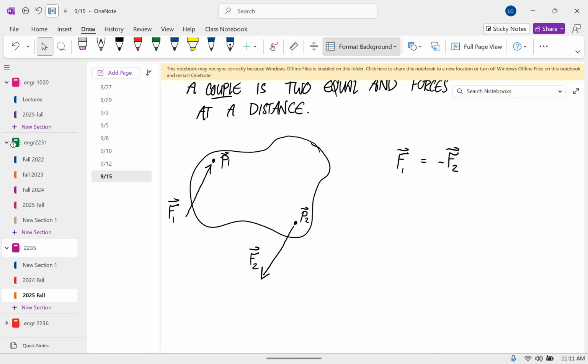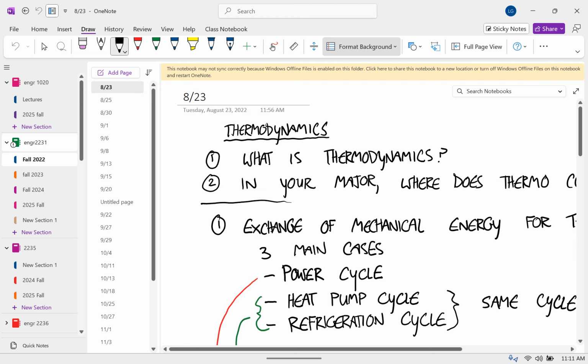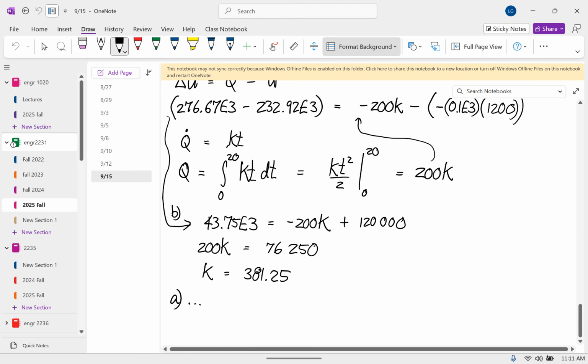But there is an important thing with the relationship between couples and about points. So couples are a special thing.